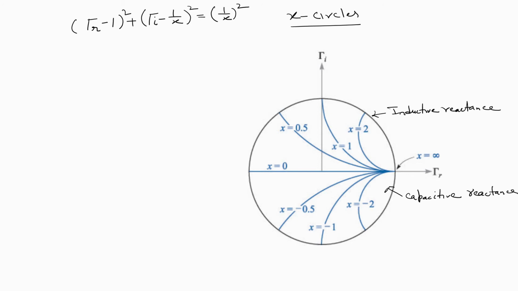The first property is that the centers of x circles lie on gamma R equal to 1 and gamma I equal to 1 upon x.